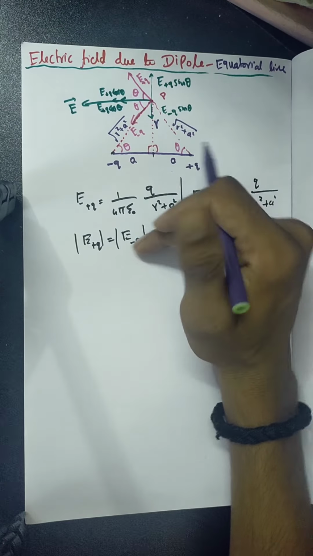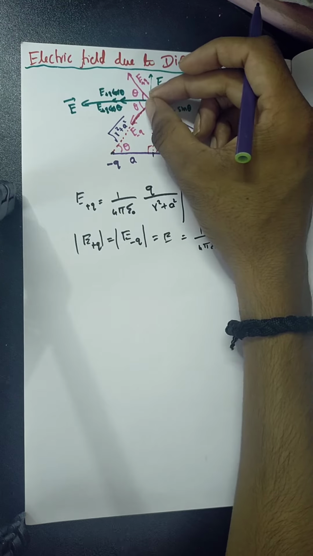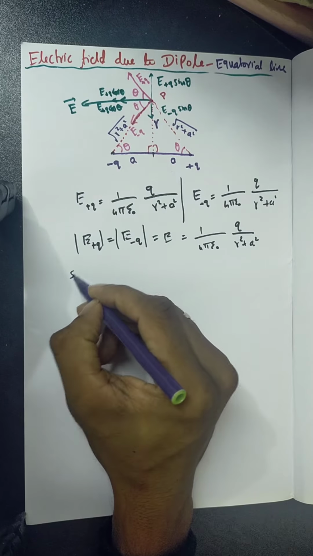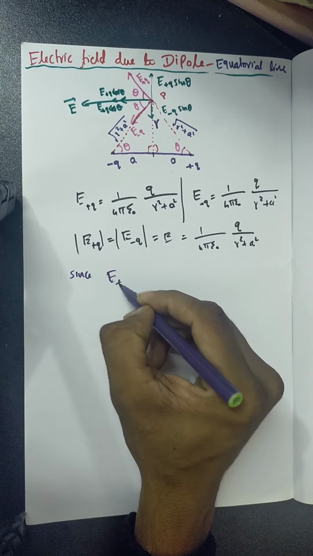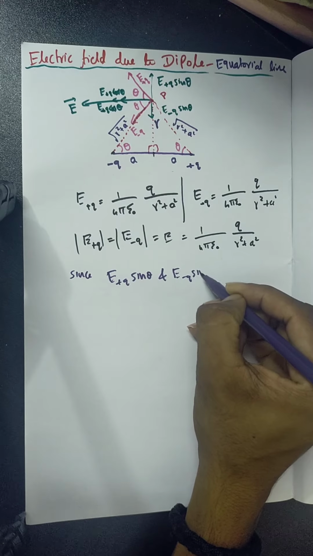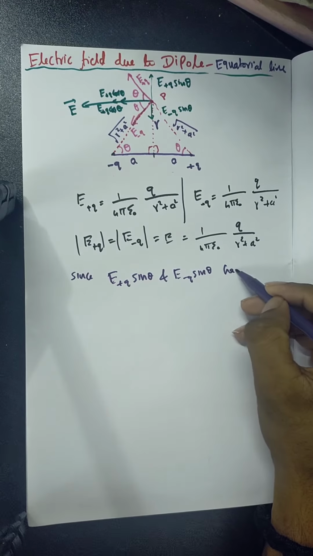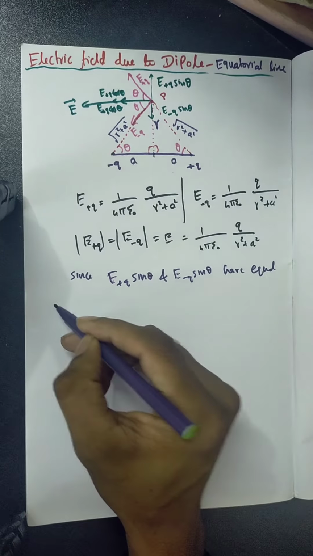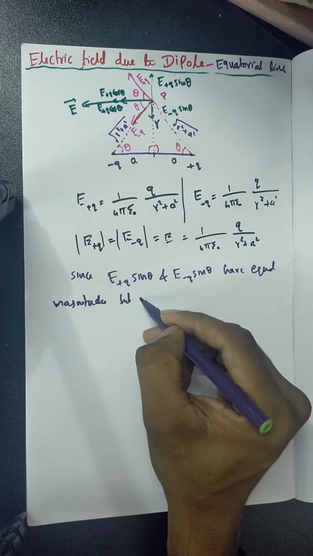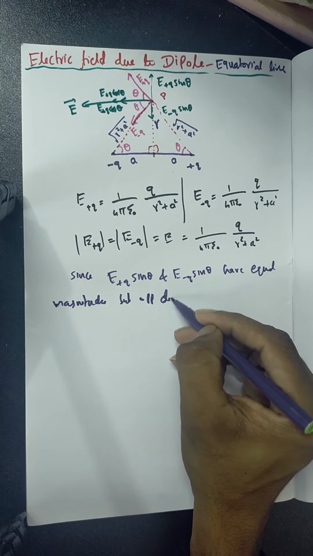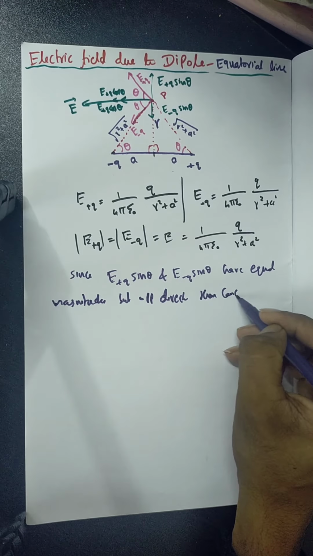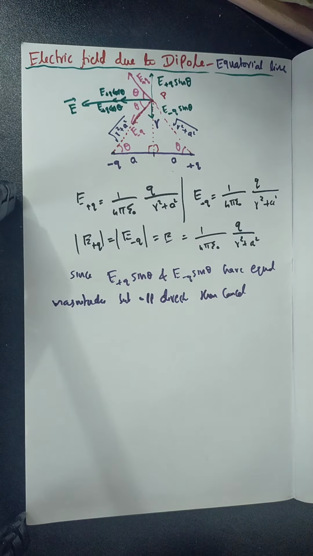Since E plus q and E minus q are equal, this net electric field is equal to 0 along this line. So I can write, since E plus q sine theta and E minus q sine theta have equal magnitudes but opposite direction, they cancel. So you won't have anything along that direction.